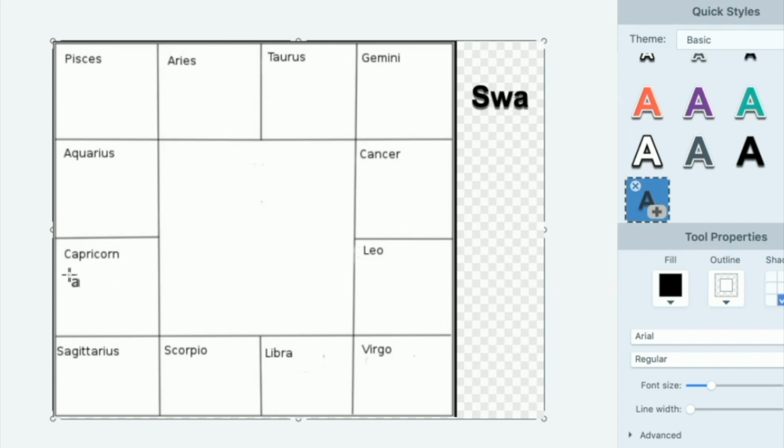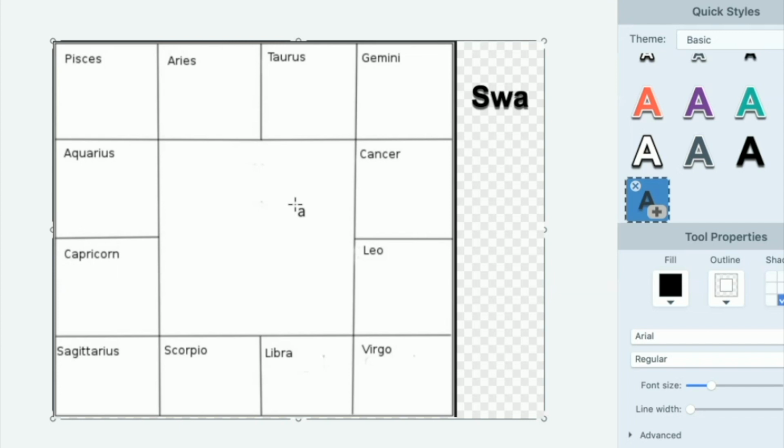And then Mars is exalted in Capricorn. Usually when Mars is in Capricorn, the sign of Capricorn has to do with career. It's the 10th house of the chart, and the 10th house has to do with career and success in career. So when Mars is in Capricorn, the person uses their drive.